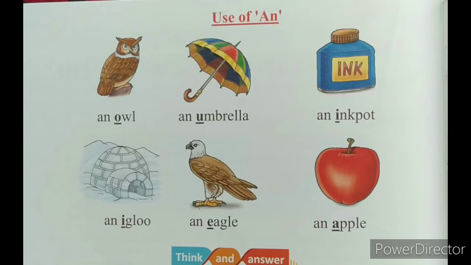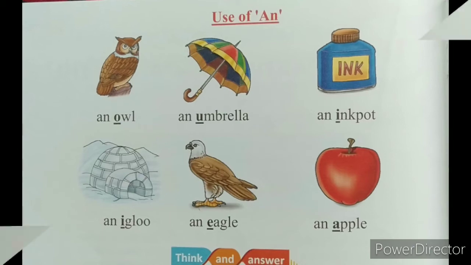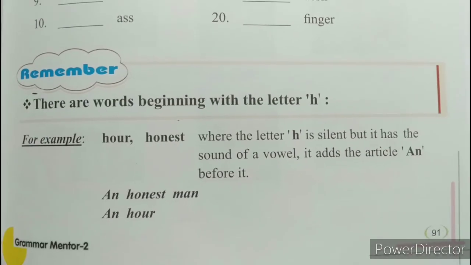In the same way, example 2, an umbrella. 3, an ink pot. 4, an igloo. 5, an eagle. And 6, an apple. Now it is clear to us the uses of the articles a and an.